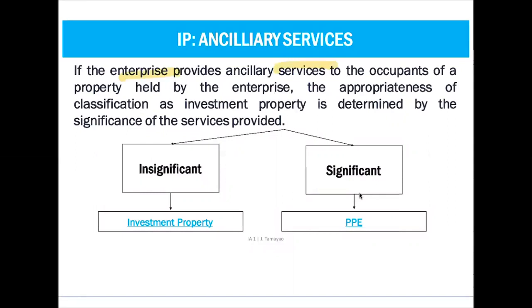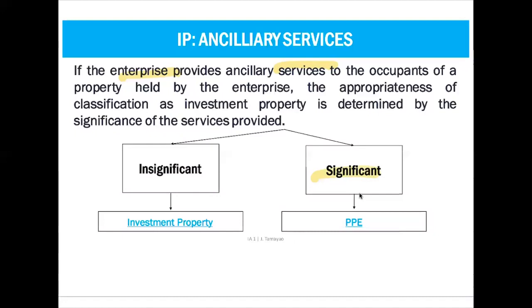So yung example nga natin, merong renta tapos tayo pa yung maglilinis. So you test whether the ancillary services is significant or insignificant. If the ancillary services is insignificant, then investment property. If not, property, plant, and equipment. Meaning, if the ancillary services is more significant rather than the investment property, then PPE.